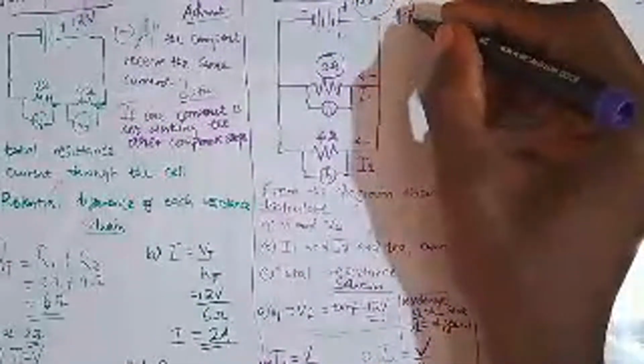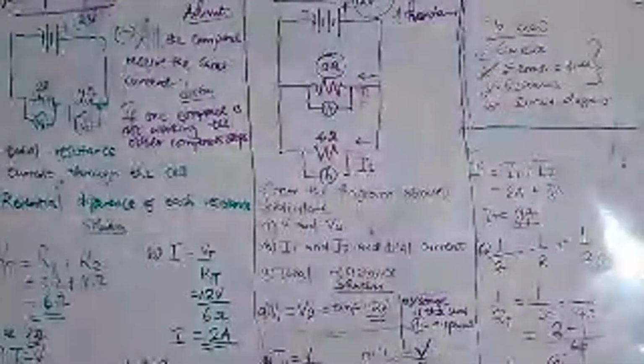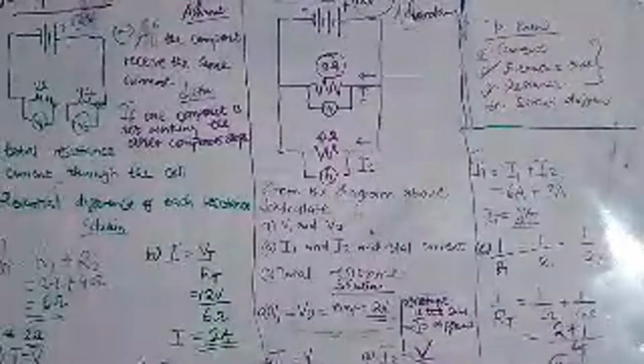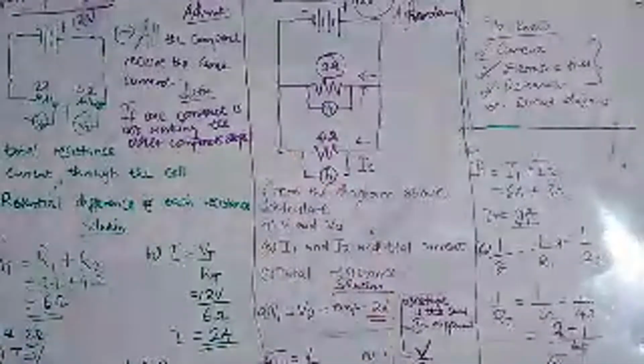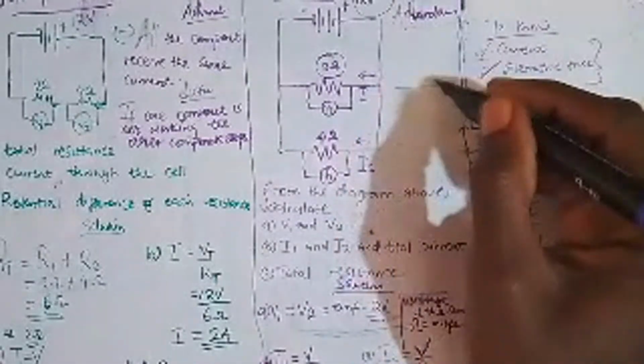Then what are the advantages and disadvantages of a parallel circuit? The advantage is the opposite of a series circuit. Here, the components do not receive the same current.